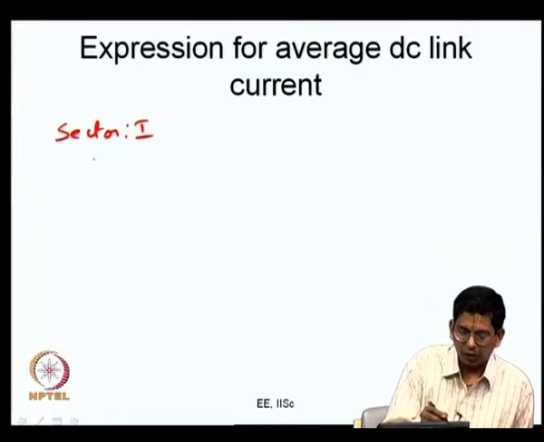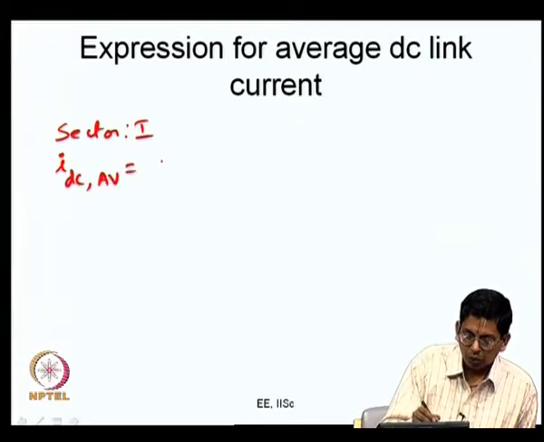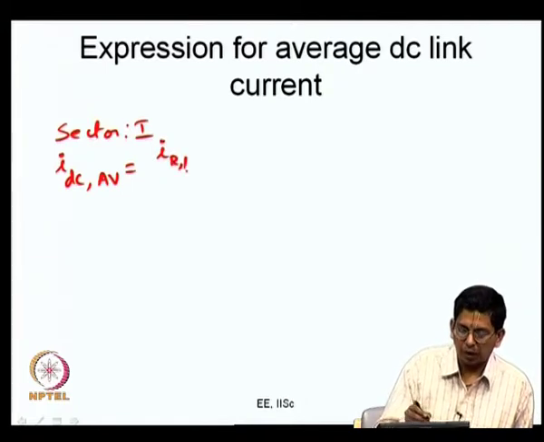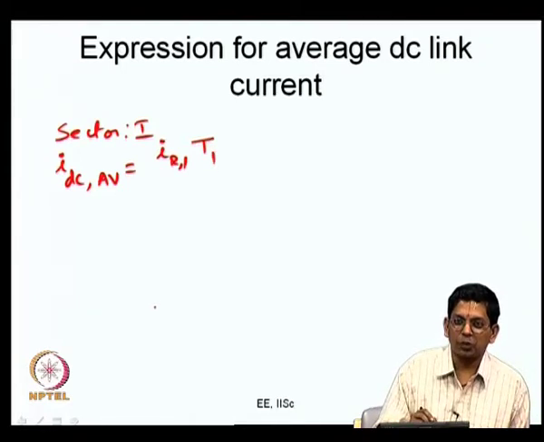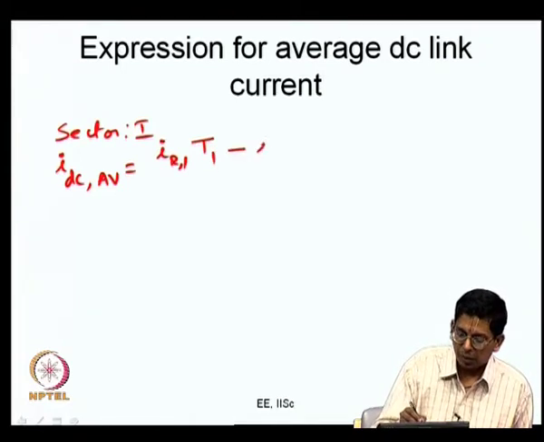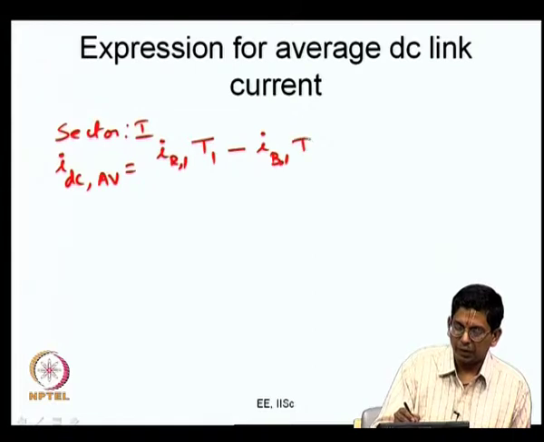So, we found that this IDC average is equal to IR1, that is the R phase fundamental component, multiplied by T1, that is the time for which the active vector 1 is applied, then minus IB1, which is the fundamental component of B phase current, multiplied by T2, and the whole thing divided by Ts.